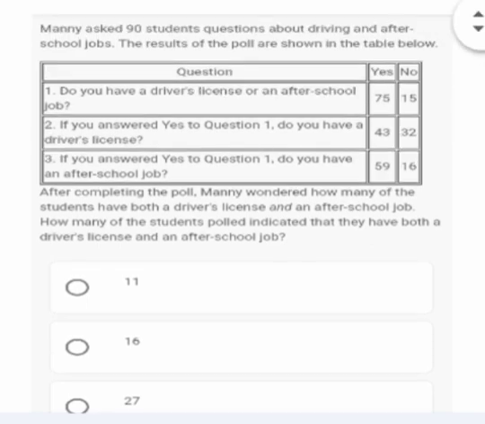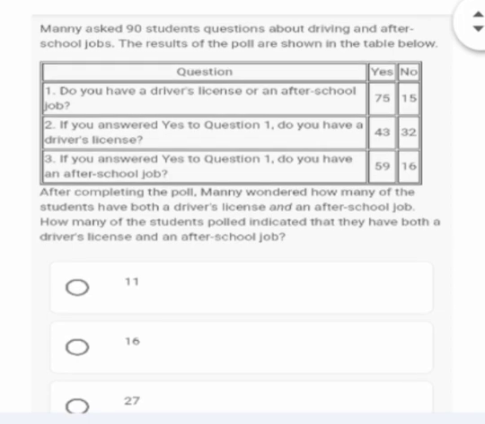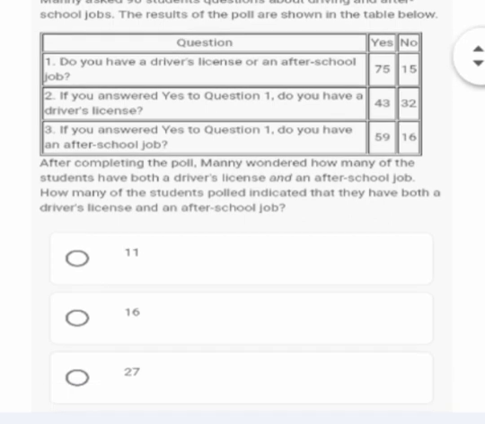Now the universal set of this problem is 75, because of the people that were interviewed, 75 of them replied that they have a driver's license or an after school job.